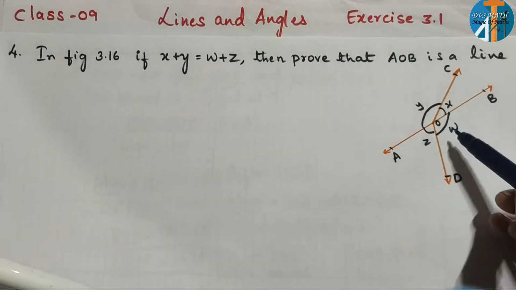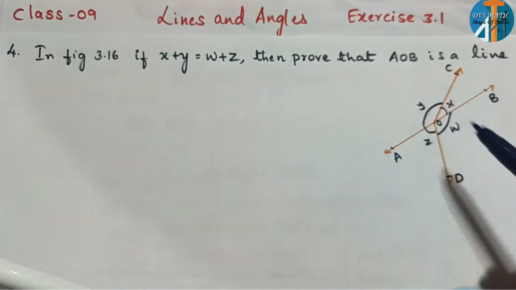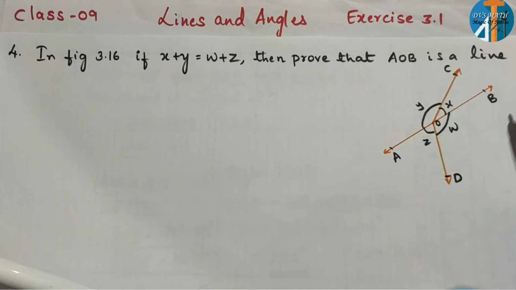So using the given x plus y is equal to w plus z, we have to prove that AOB is a straight line. Then tell me, if you are saying it is a straight line, what about the angle?